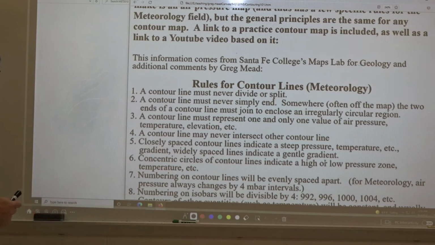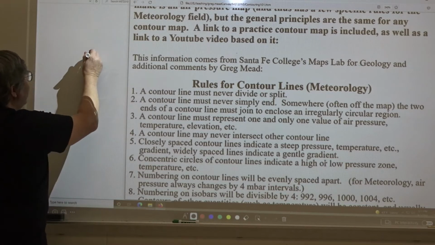Number six, concentric circles of contour lines indicate either a high pressure zone or a low pressure zone, or depending on what you're looking at, it might be high or low pressure, high or low elevation, something like that.